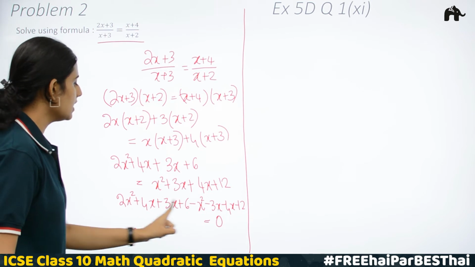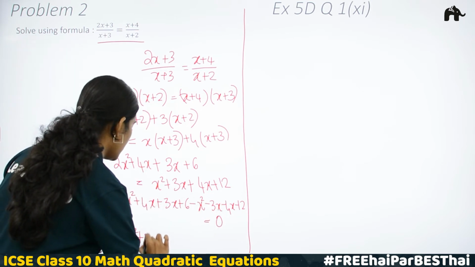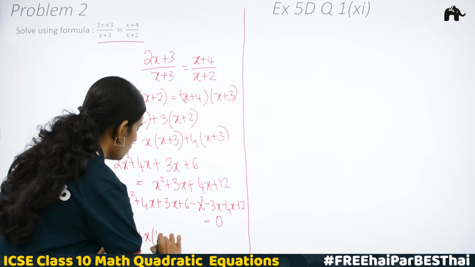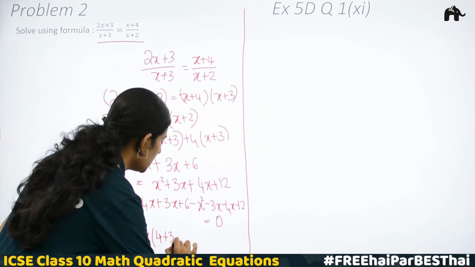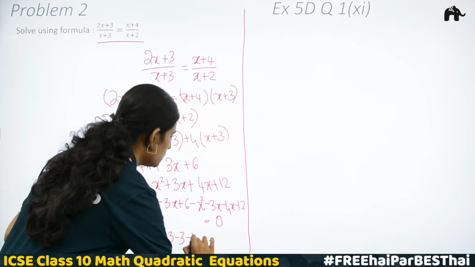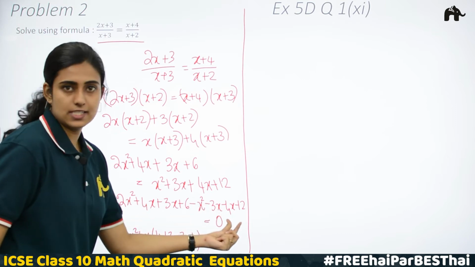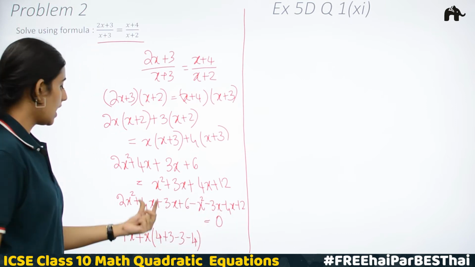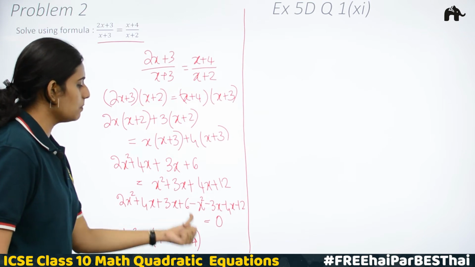Now take the terms containing x. Taking x outside, we have 4 plus 3 minus 3 minus 4. Okay, we have removed x from all these terms and taken outside, and the remaining terms are 4 plus 3 minus 3 minus 4.